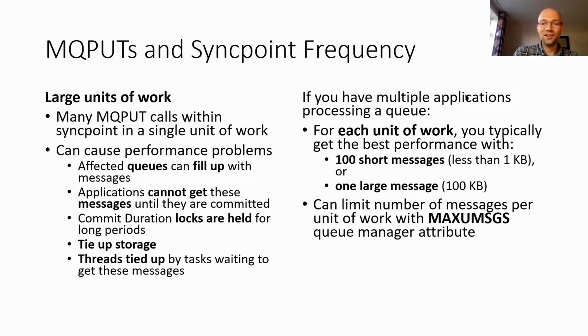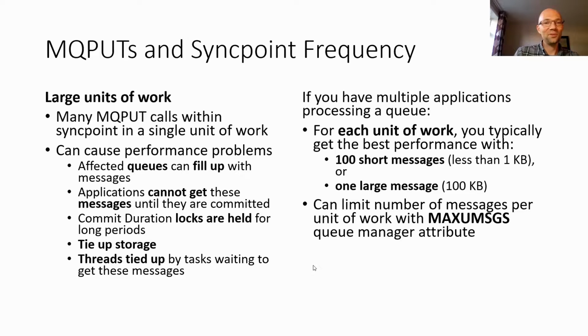Another thing to mention on the subject of efficiency, this isn't really related to the buffer manager, but I couldn't think of a better place to put this slide, so it's here.